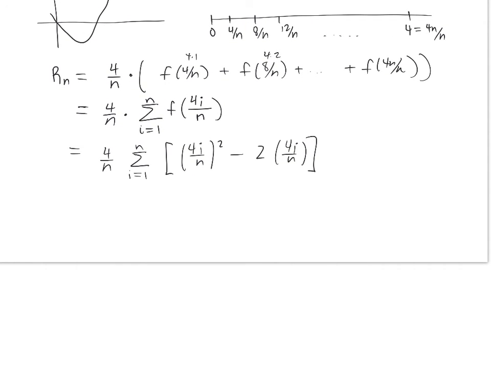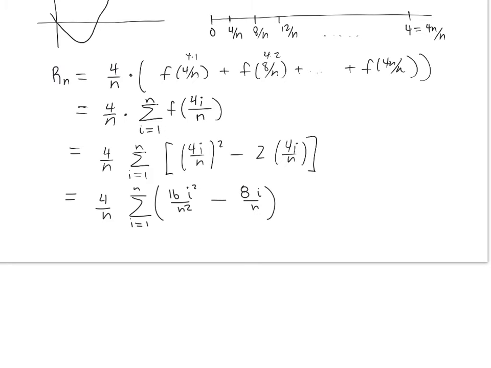Okay, now I'm going to do some algebra. So 4 over n, sum i equals 1 to n, 16i squared over n squared minus 8i over n. Is everyone okay with what happened between those two steps? Yeah. It's not very hard, right?